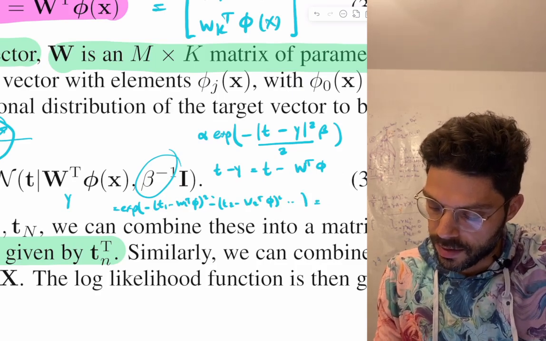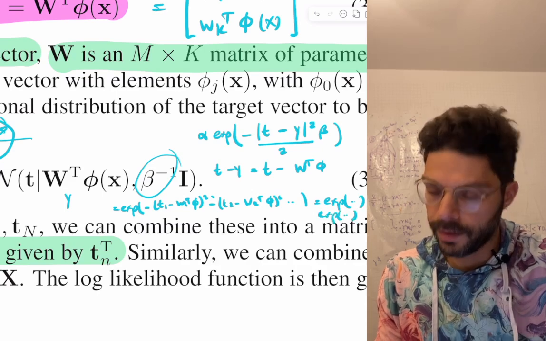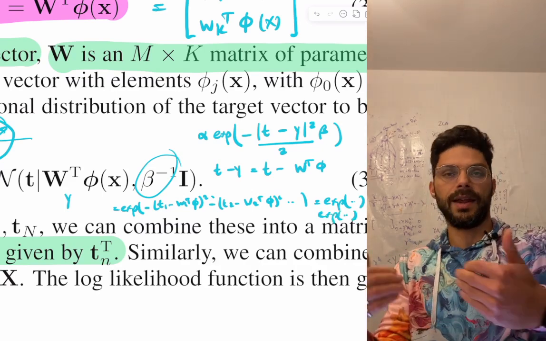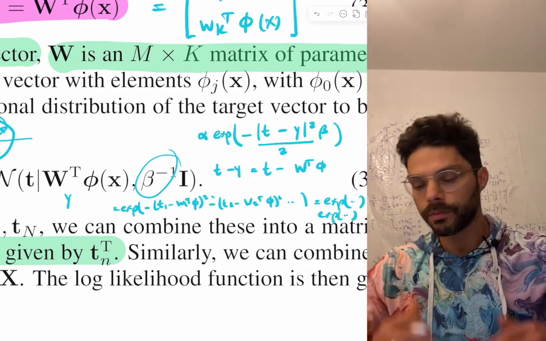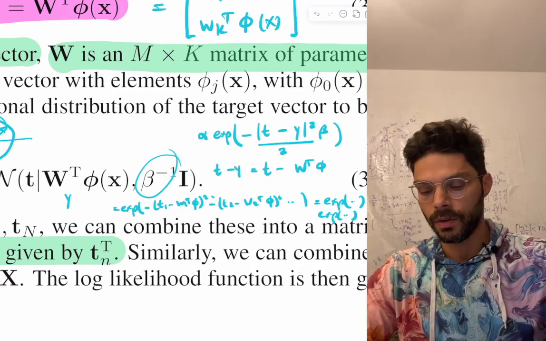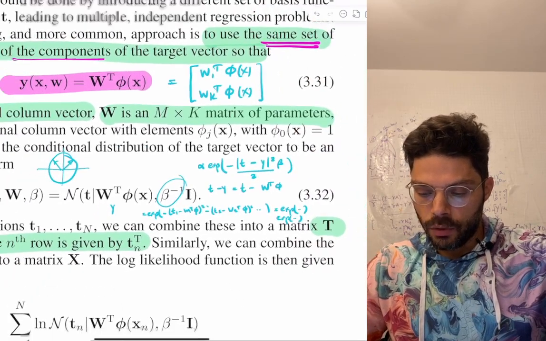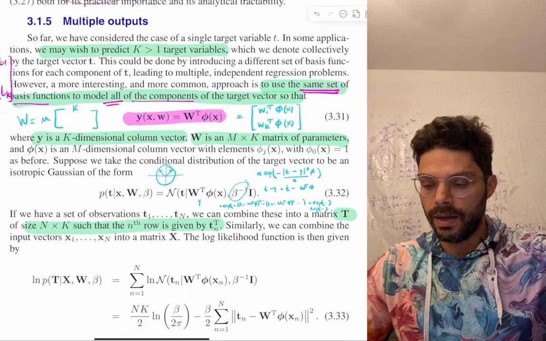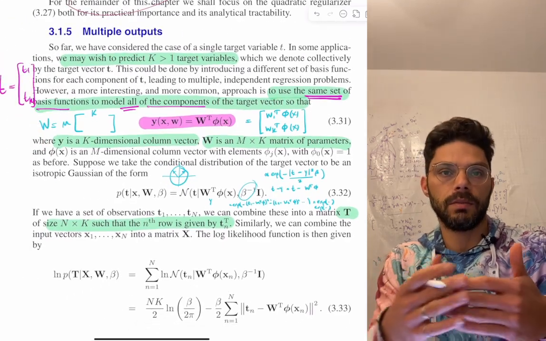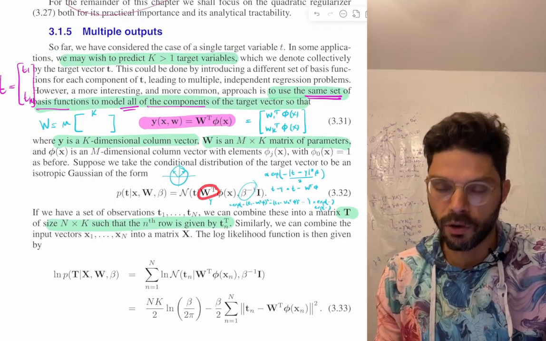This is the same as the exponential of each one of those terms multiplied, and that's just a bunch of normal distributions, one for each element of t. So basically in this setting, you have k independent problems, and for each one of those problems, you have a corresponding Wk.